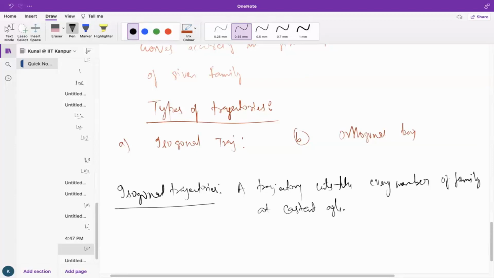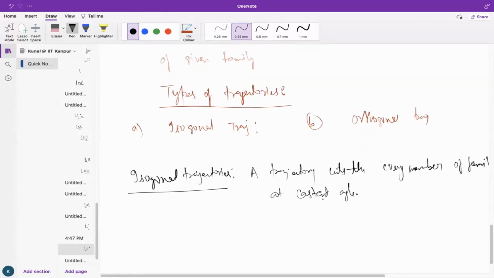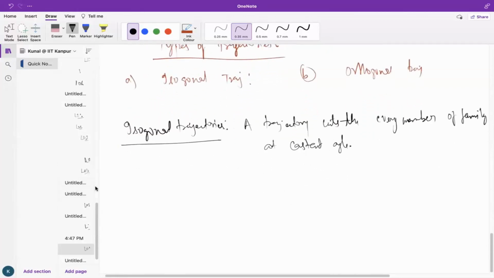So this is known as isogonal trajectory. Basically any trajectory which cuts the family of curves at a constant angle is isogonal. The next thing is orthogonal, which cuts at 90 degrees.